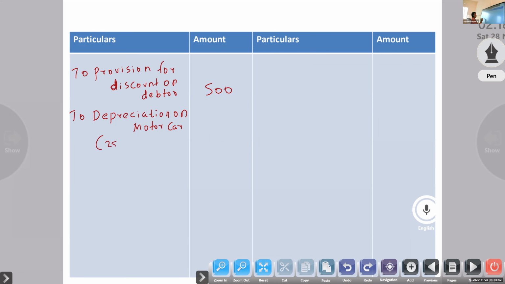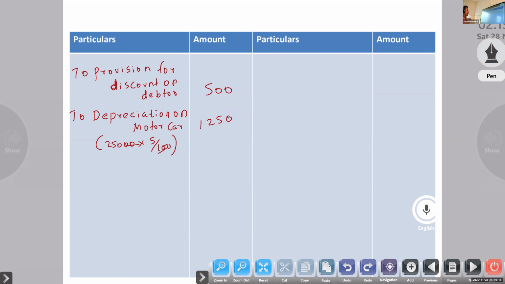In the trial balance motor car is given 25,000 into 5%, so 1,250. So closing stock, everything is over.